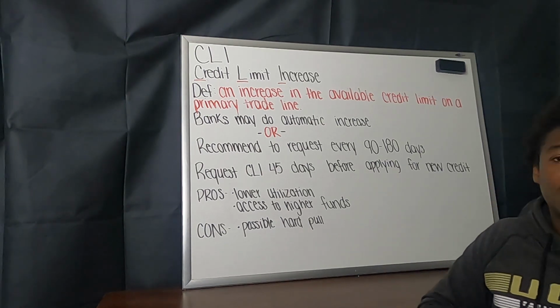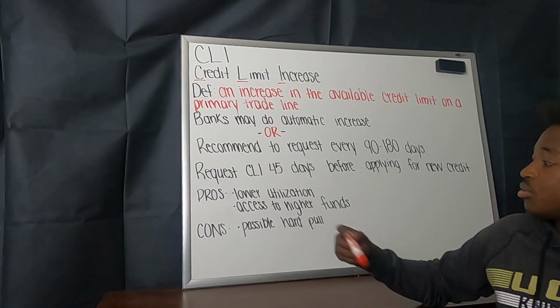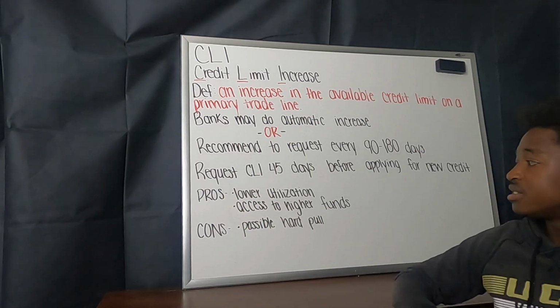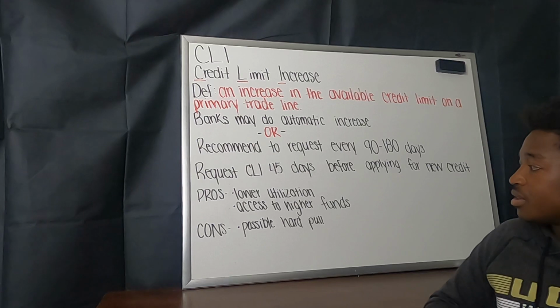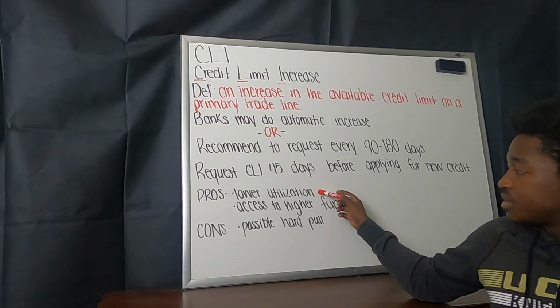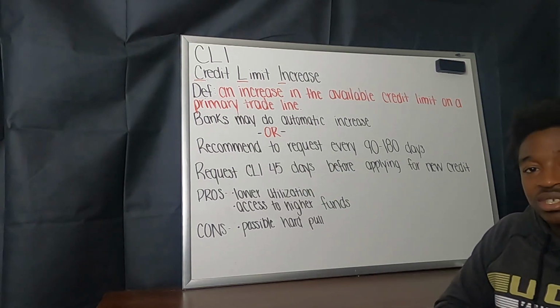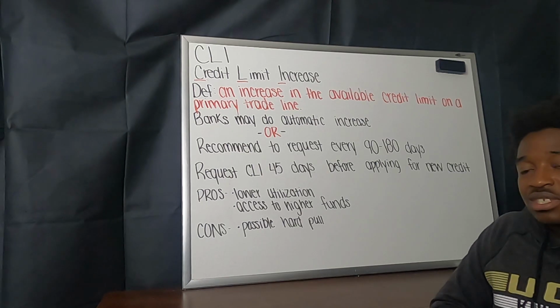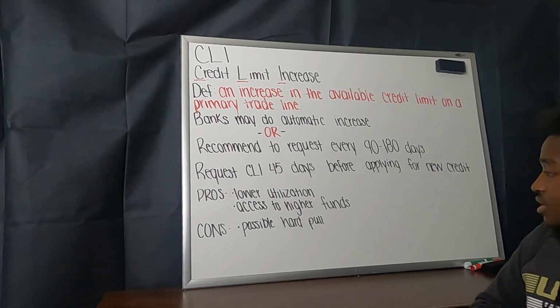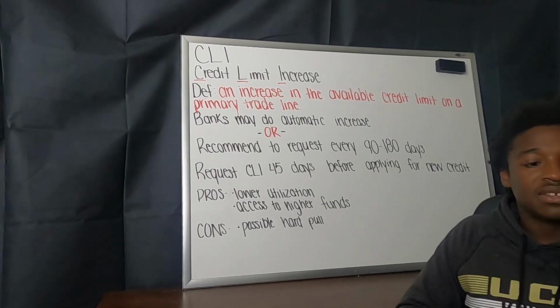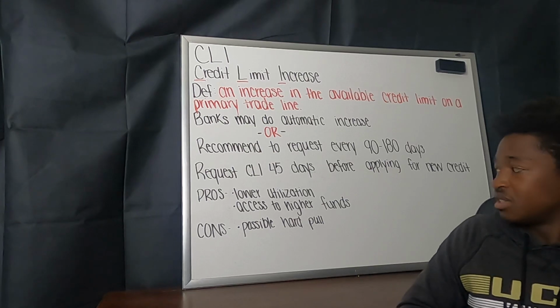So now breaking it down into your pros and your cons. Your pros are, this is a big one, lowering your utilization. Your utilization is over 200 points of your credit score. It's important to keep a low utilization, and the higher your limits, the lower your utilization.